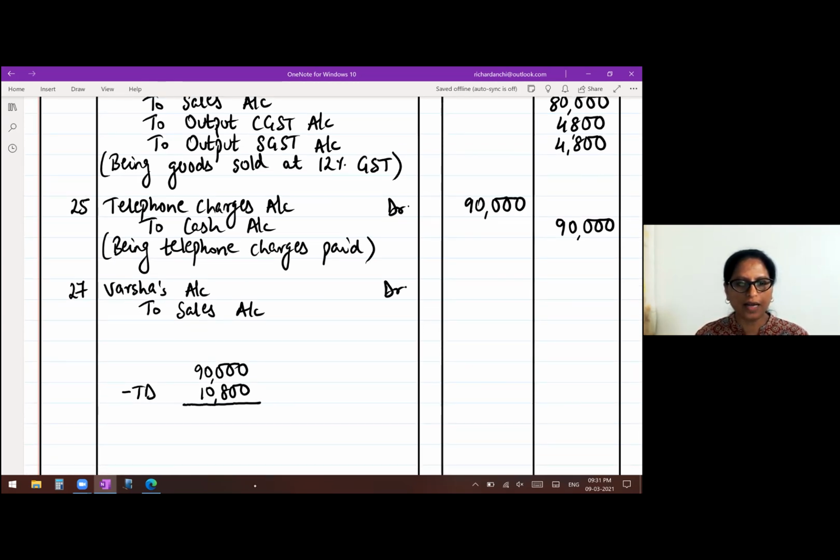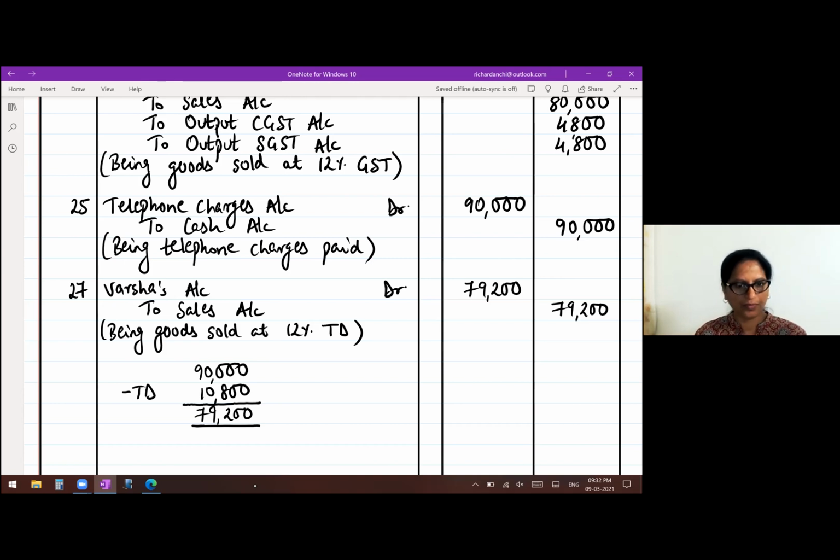Always remember, children, that trade discount has to be deducted and then you have to write that final amount. So it is 79,200. Right, Varsha's account debit 79,200 to sales account 79,200, being goods sold at 12% trade discount. Always find the trade discount, deduct and then write. You don't have to show the trade discount.